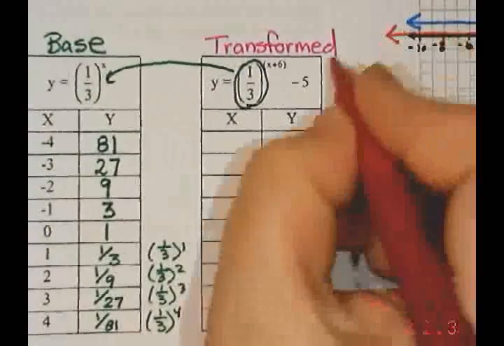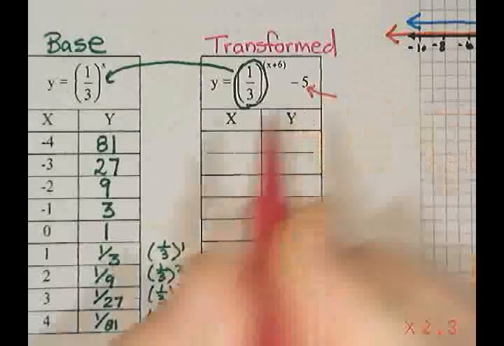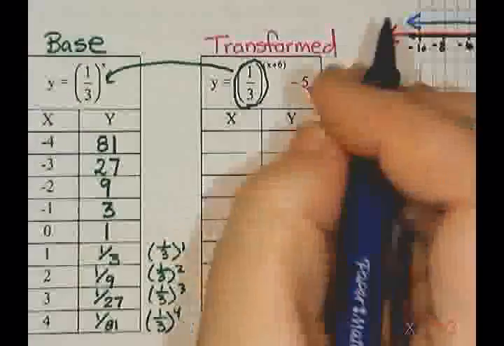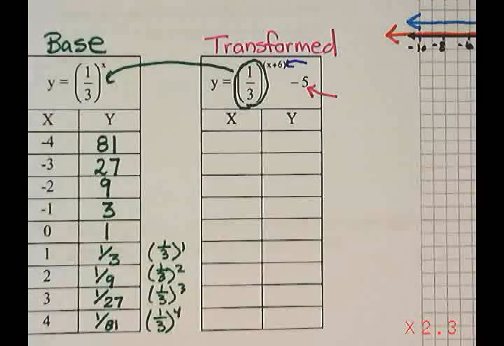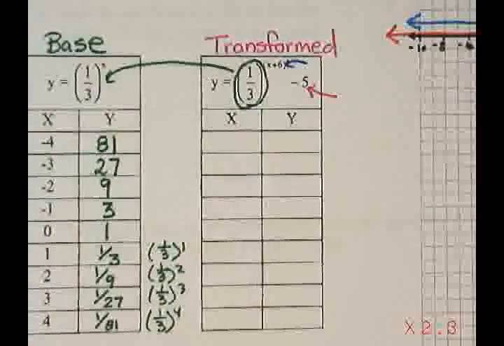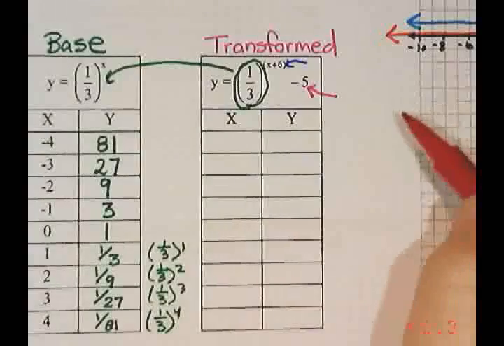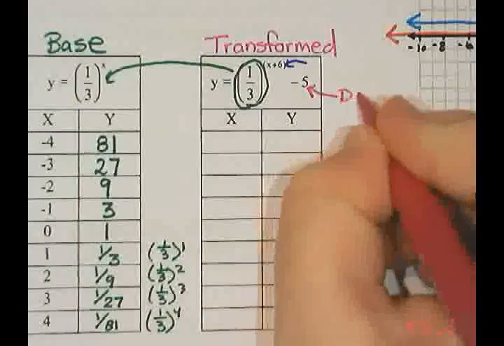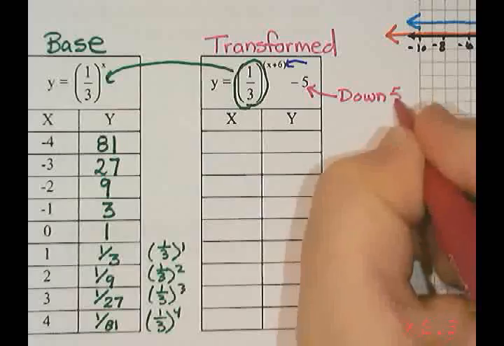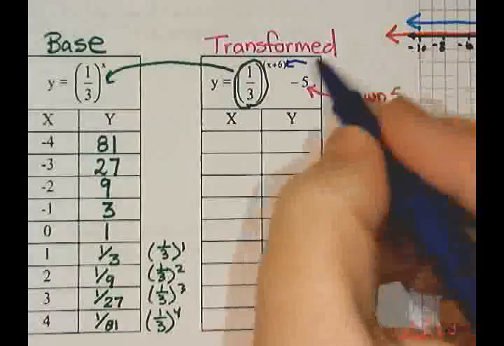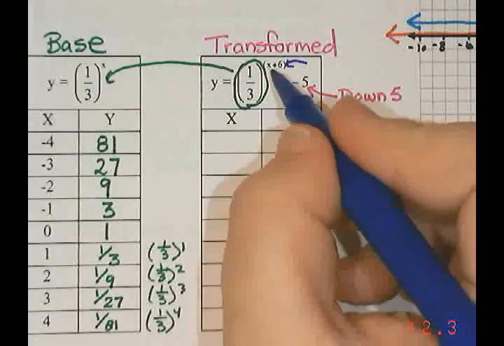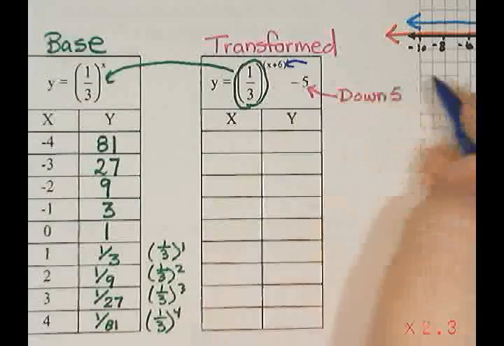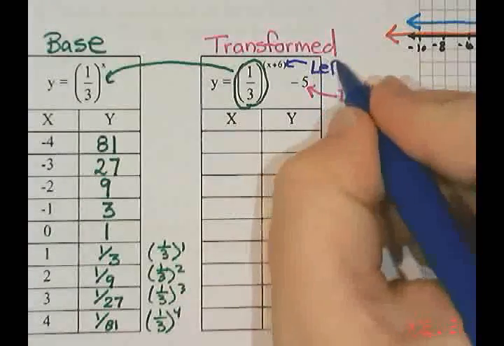So I have a -5, and I also have a +6 inside the bracket. That -5 is our k value. It's going to move it up or down, and since it's negative, this is going down 5. And the one inside the bracket, that's our h value. It moves it left and right. I've got a +6, so that's going to go left 6.